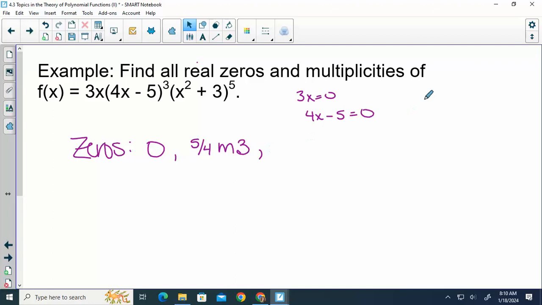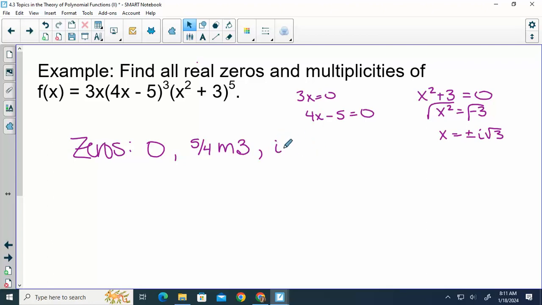Alright. If we set x squared plus 3 equal to 0. But it had a fifth power on it, so each one has a multiplicity of 5. And you can write that as a plus and minus.